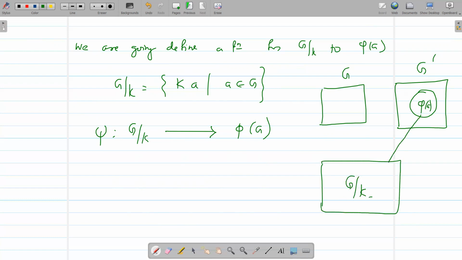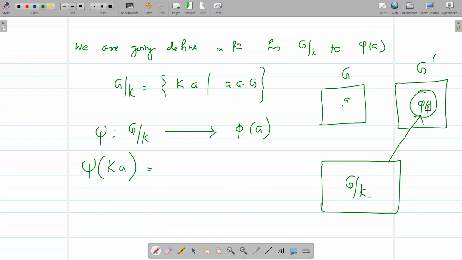We are going to define a function from G by K to phi of G. So, see, we define it by psi of, see, G by K is the collection of all right cosets of K in G. അപ്പോൾ ഇതിനകത്ത് എലമെന്റ് ഒരു റൈറ്റ് കോസെറ്റ് ആയിരിക്കും. സോ Ka. We define psi of Ka is equal to, a ഇപ്പൊ ജിയിലെ എലമെന്റ് ആയിരിക്കും. a ജിയിലെ എലമെന്റ് ആയതുകൊണ്ട് അതിന്റെ phi ഇമേജ് phi of G യിൽ വരും.